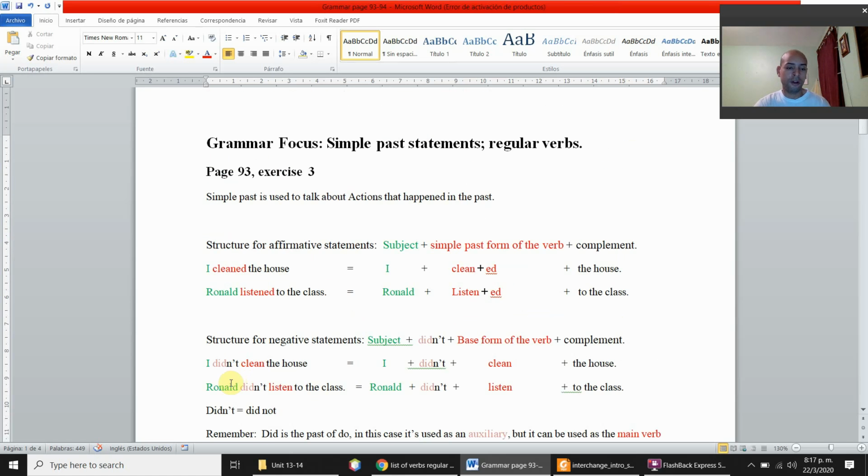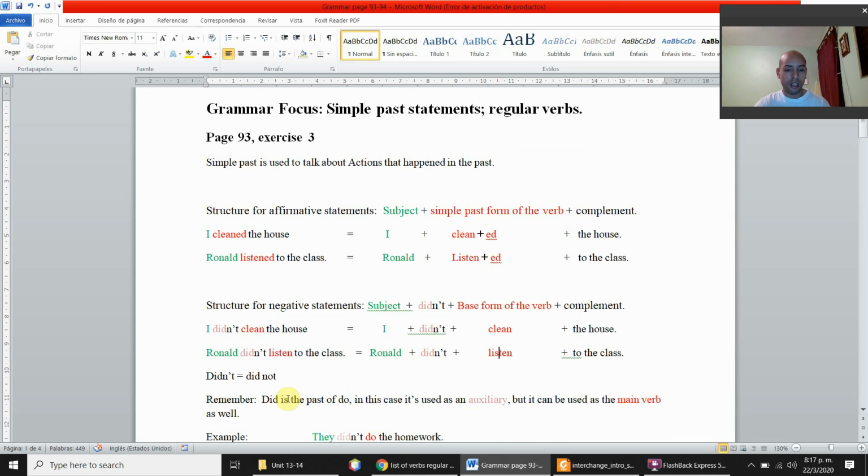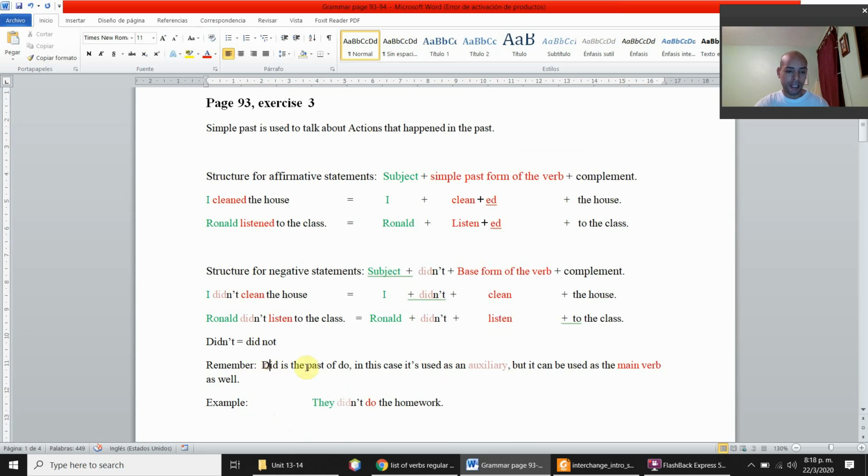The other example, Ronald didn't listen to the class. The subject, Ronald, plus didn't, plus listen, plus the complement to the class. Remember, keep this in mind, did is the past form of do.